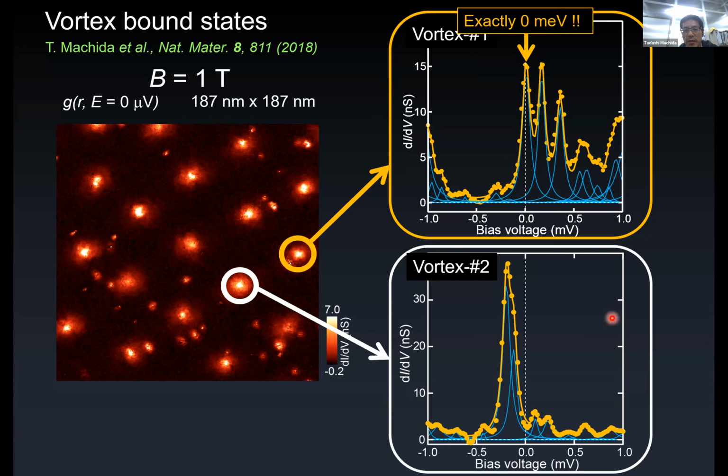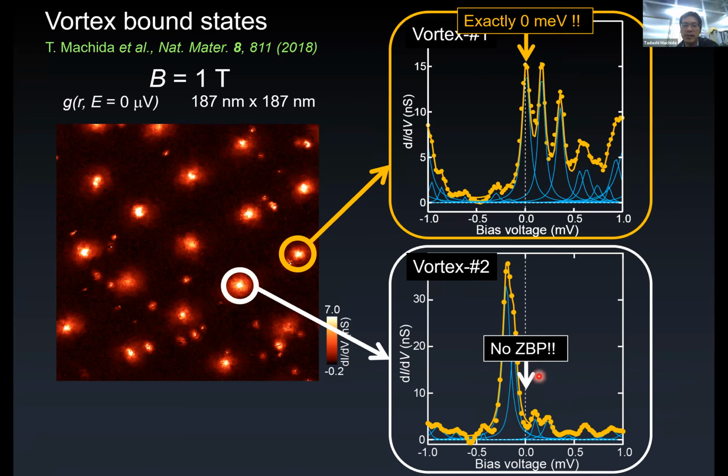And if we move on to the neighboring vortex core, unfortunately, we cannot see any feature of the zero energy peak. There only the finite energy peaks originating from the conventional vortex bound states appear.